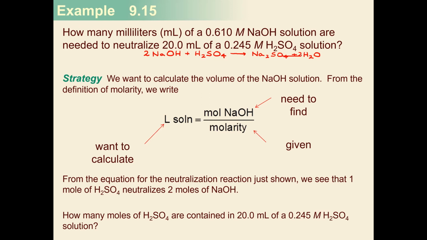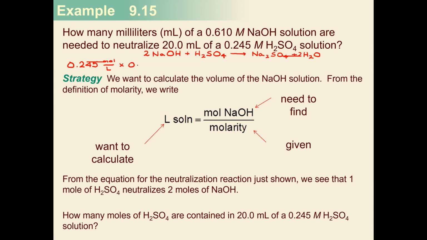So let us go ahead and get the concentration of the species that I know the most about, that being my acid. So in this case, I have 0.245 molar, but remember that is moles per liter of my acid. So then I need to go and multiply that by the acid volume.